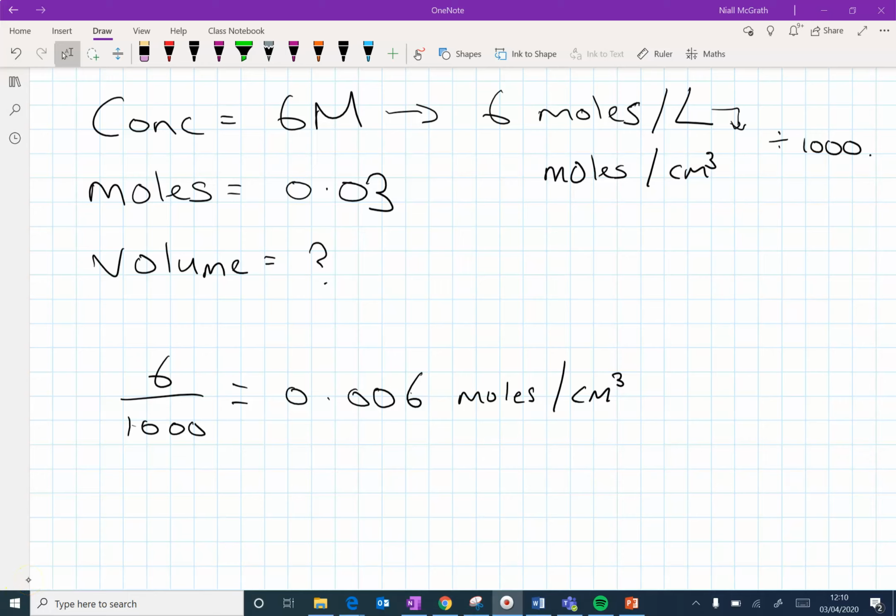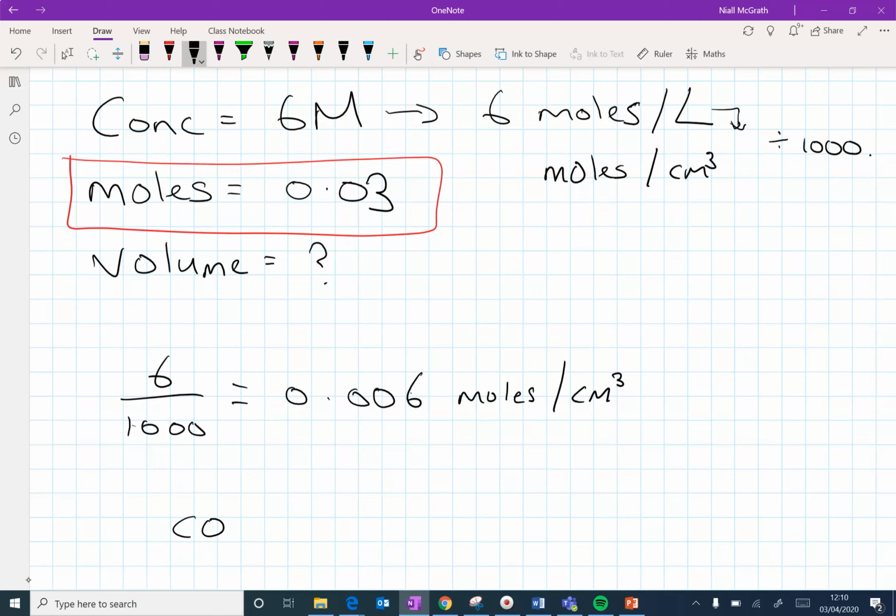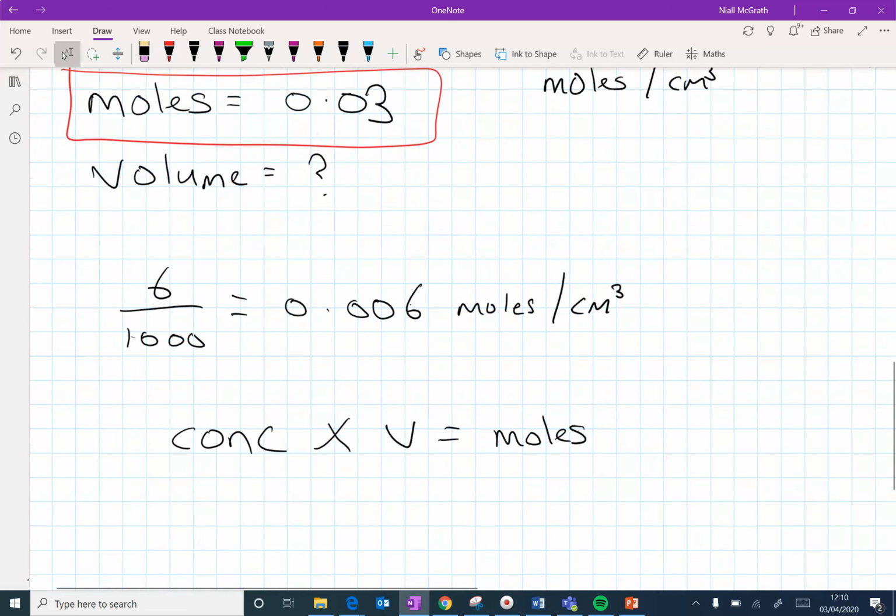The other number that we know in this question is the number of moles we have. We know that if we have a concentration and we multiply it by the volume, that will give us the number of moles. So we have our concentration of 0.006 per centimetre cubed, and we know that our final answer is 0.03 moles.